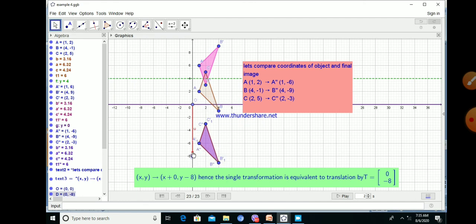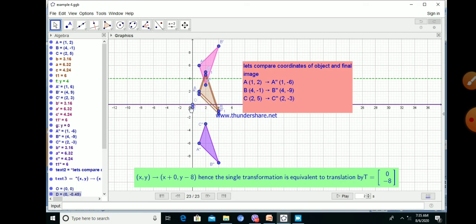For that there is one vector, see, like this. Initially this is the object ABC, but you can reach A double dash, B double dash, C double dash through the translation by the vector (0, minus 8). One more time we can display.